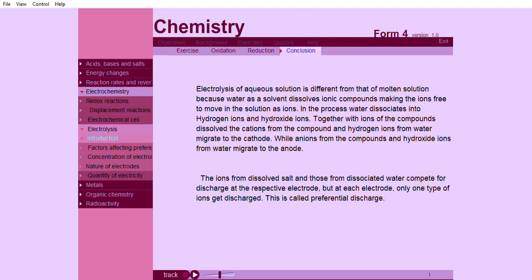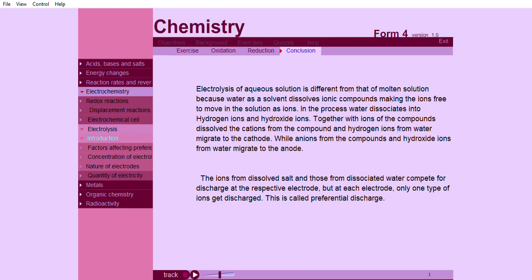Electrolysis of aqueous solution is different from that of molten solution because water as a solvent dissolves ionic compounds, making the ions free to move in the solution as ions. In the process, water dissociates into hydrogen ions and hydroxide ions.